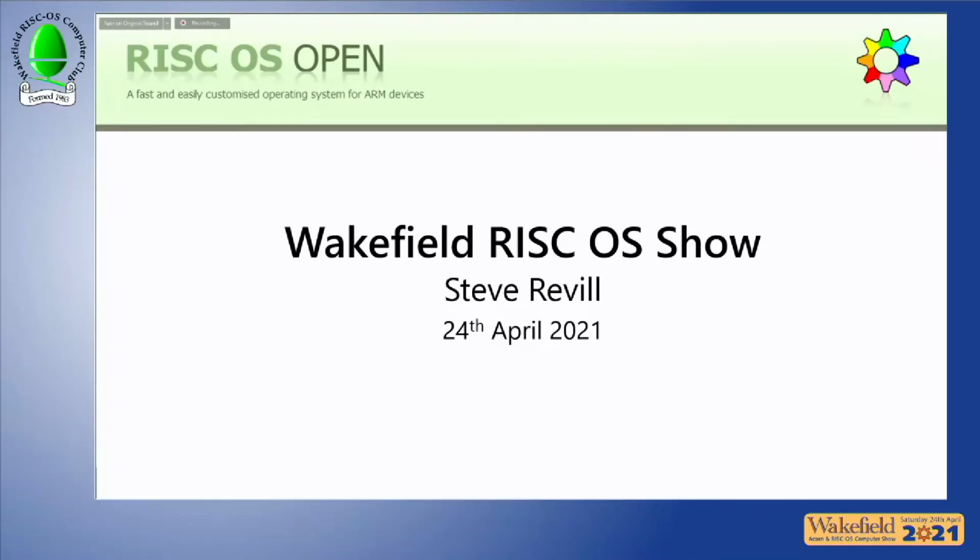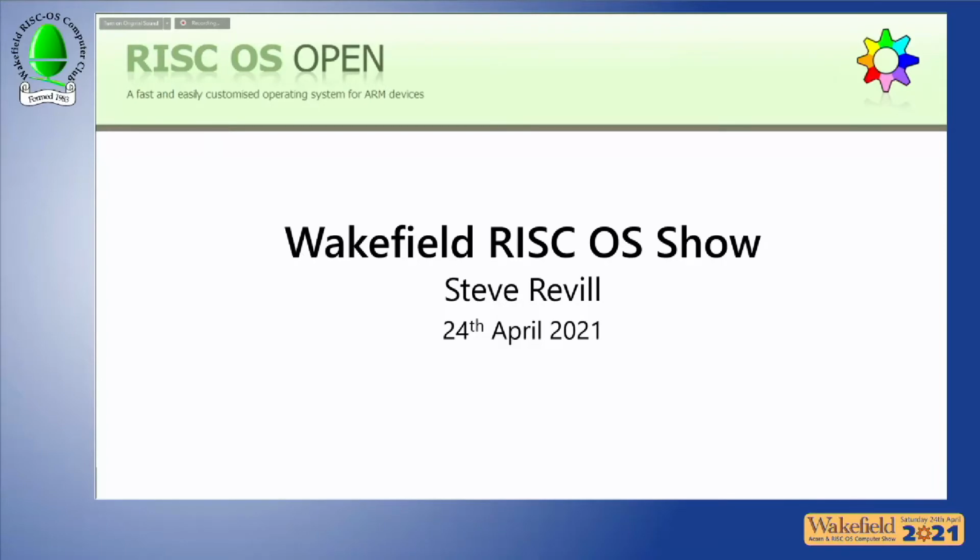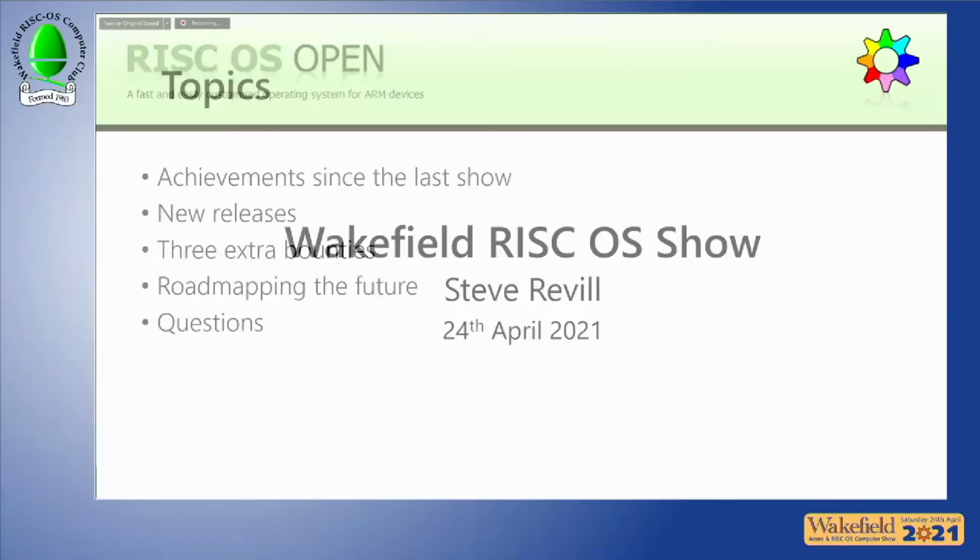So it's been a fun and challenging year all round, but thankfully the end appears to be in sight. Things are starting slowly in the UK, at least, to return to normal. And there's been no let-up in progress in the RISC OS world. So we would like to talk you through some of the things that have been happening there.